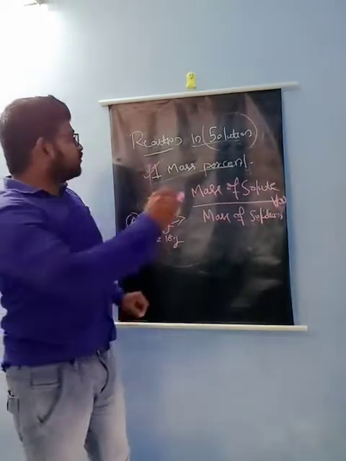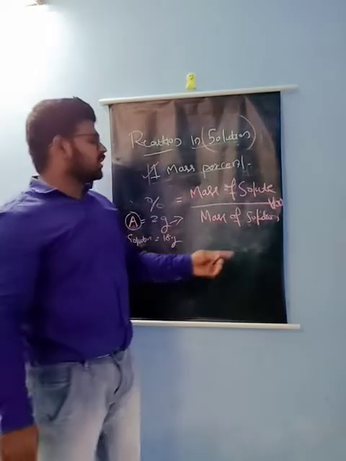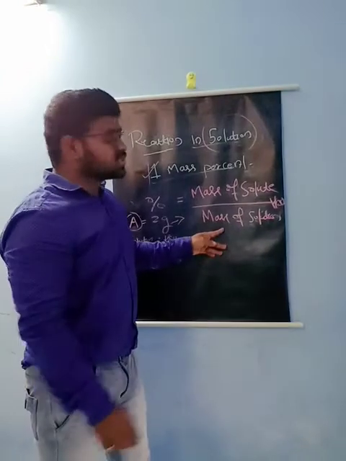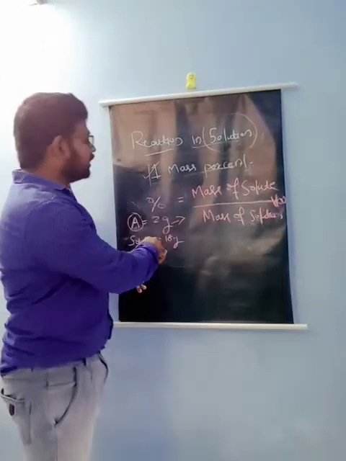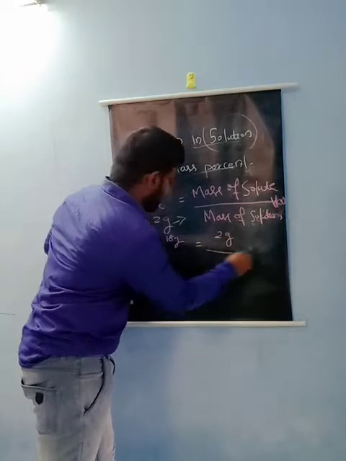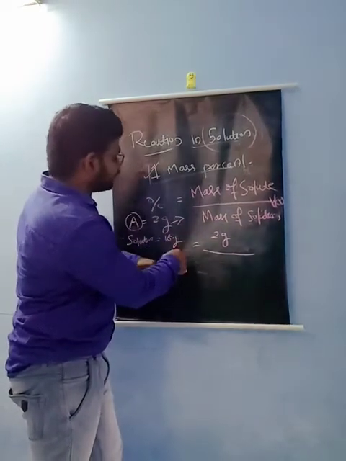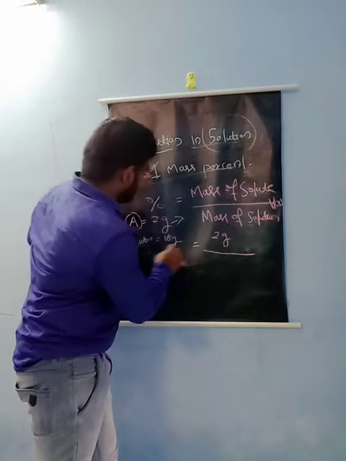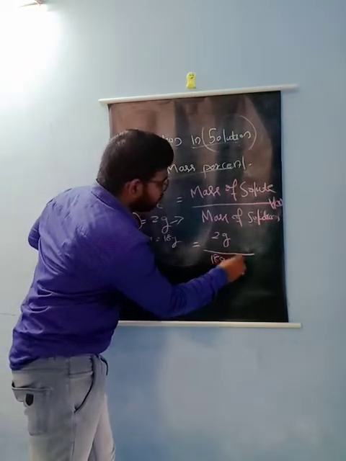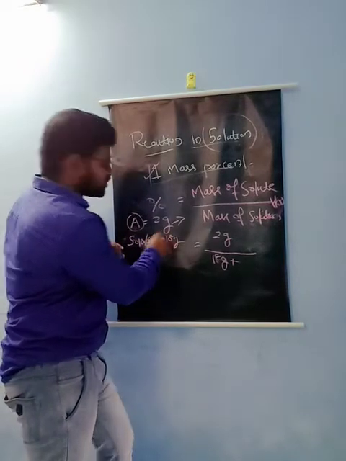As per the definition or the equation, mass percentage is equal to mass of solute divided by mass of solution into 100. Here the mass of solute is equal to 2 gram and the 18 gram is solvent mass. I'm extremely sorry.